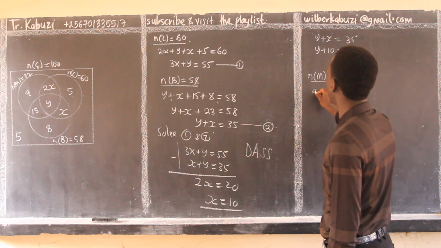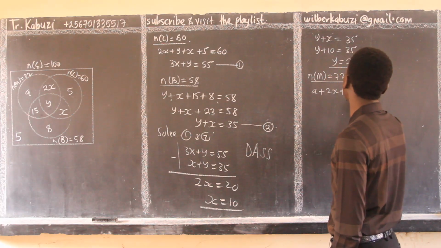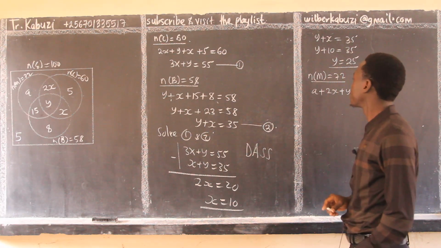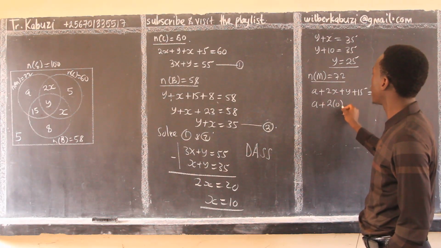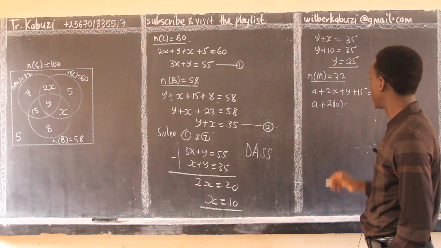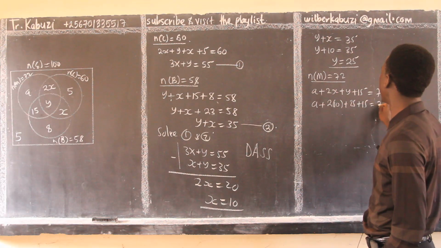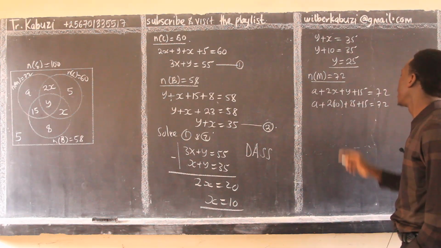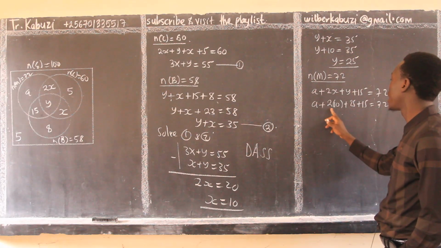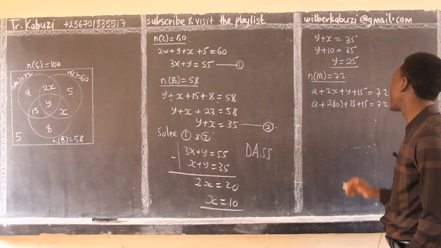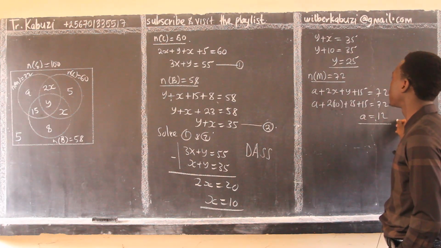So I get now my a plus 2x plus y plus 15 equals 72. So my a plus 2 into 10, my x is 10, then plus y, which is 25, plus 15 equals 72. This is 20, this one is 40, so 20 plus 40 is 60. Then my a will be 12.